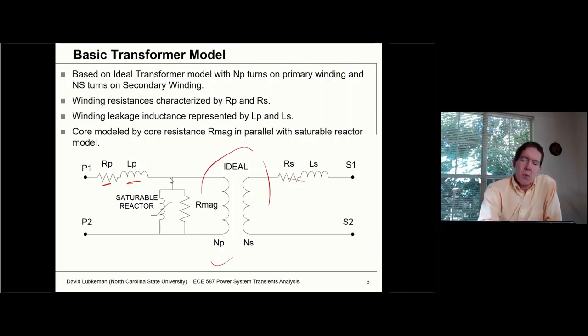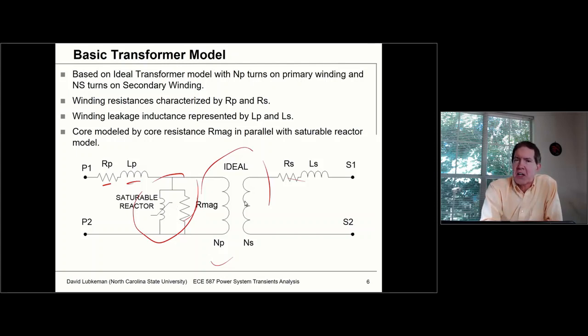And then what's going to be nonlinear in this case is the core model. So we're going to be focusing initially on this saturable reactor, or what we sometimes refer to as the magnetizing inductance. And this is going to be in parallel with an impact of core hysteresis, which is also nonlinear.